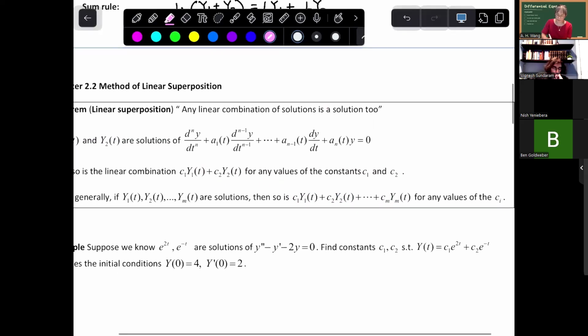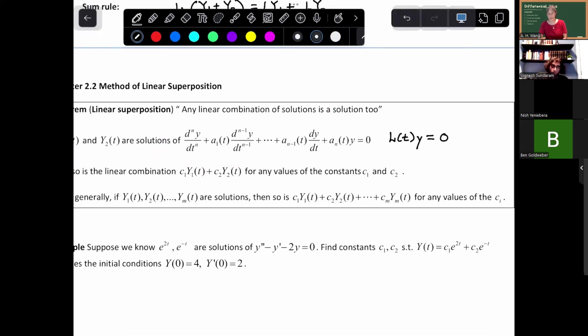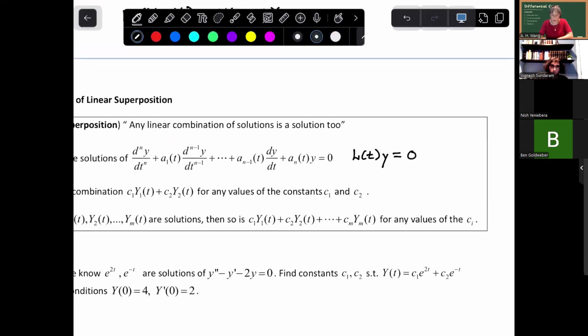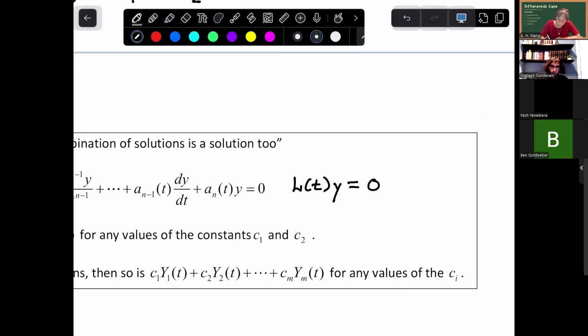So remember, this guy right here you can write as L of t. You operate on a y to get 0, the 0 function, okay? So let's go ahead and prove it for 2. Let's say y1, y2 are solutions.